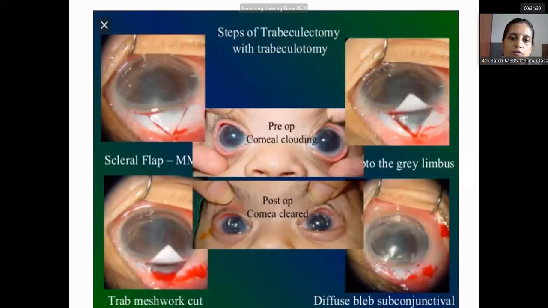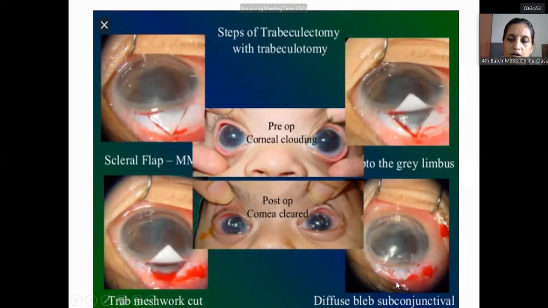So over here, you will see the opening is made, and you can make either a triangular flap or a rectangular flap, also the scleral flap, and you do the flap like this. You get the trabecular meshwork over here, and we suture it. So the diffuse bleb is formed.